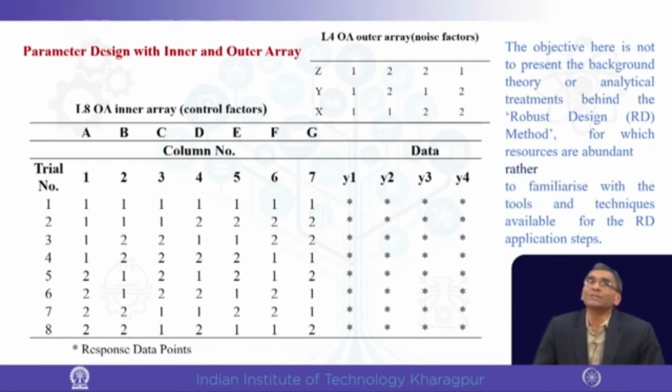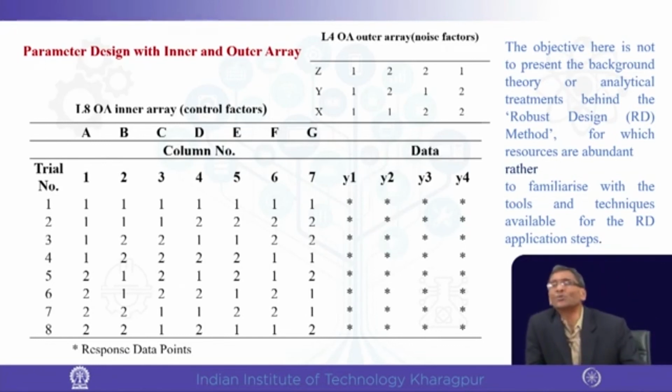Now, what we do is y1, y2, y3, y4, these are the responses, that is the result. If we conduct a study with these conditions, when the noise levels are 1, 1, 1, 1, and all these are at level 1, these are the values.